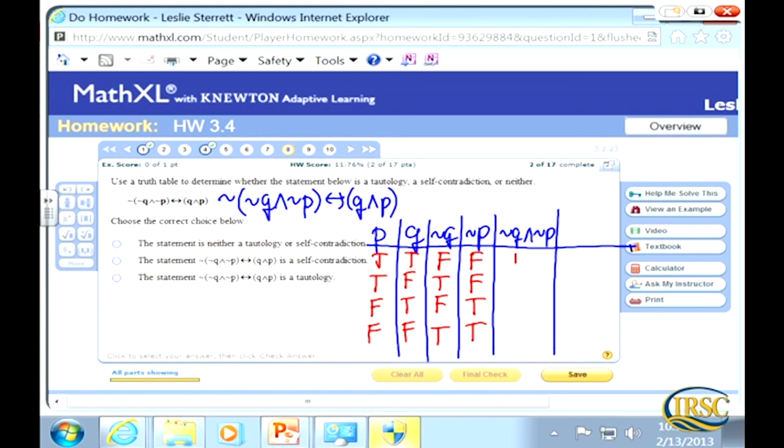Good. If you wish, you can do the other parentheses, but I might just go ahead and just go outside that parentheses and do the negation next. Get that left side done. So we have the negation, oops, let me change colors here, of not Q and not P.